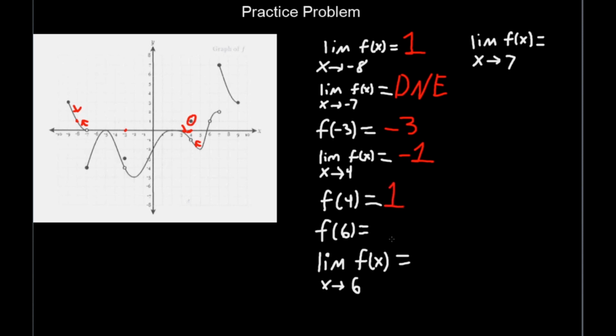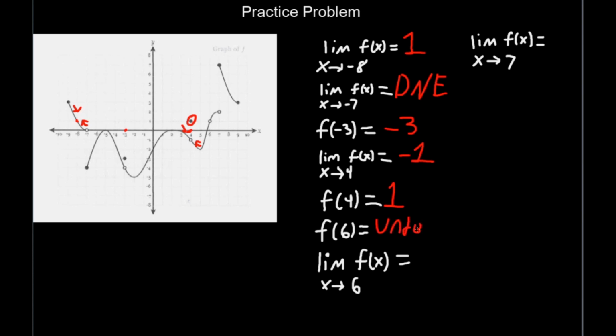All right, the next one, f of 6, right here. Since we don't like holes, the same as the last one, but there's no solid point on this one. So that would mean it's undefined.